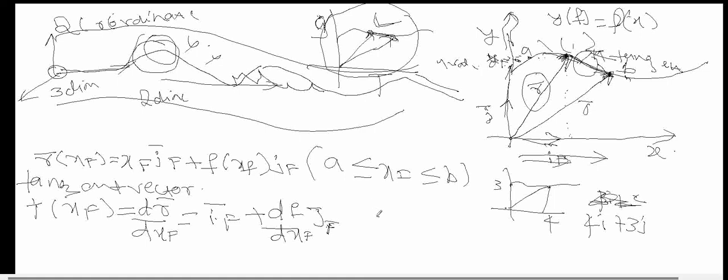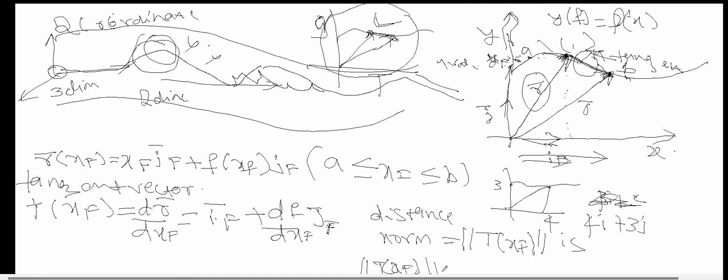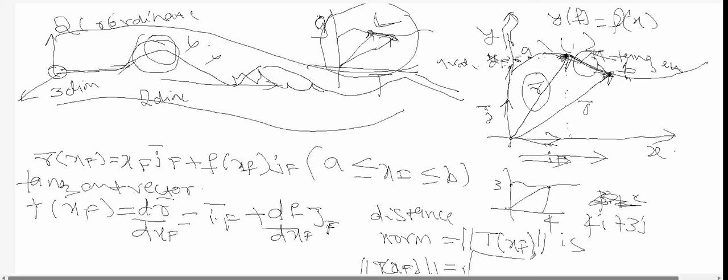It is represented as t of x of f, and is given by this equation: the square root of 1 plus df divided by dx of f, whole square. This is coming from coordinate systems.